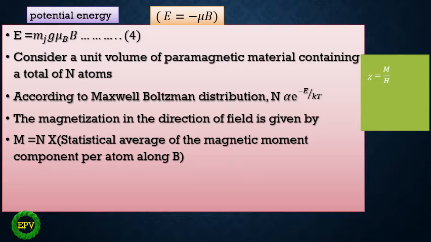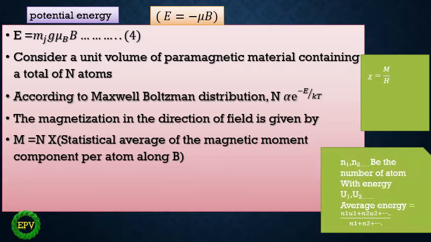That is, M is equal to N into the statistical average. How can we find the statistical average? Consider N number of atoms having energies U1, U2, etc. Then the average energy can be obtained as U1 N1 plus U2 N2 etc., divided by N1 plus N2.